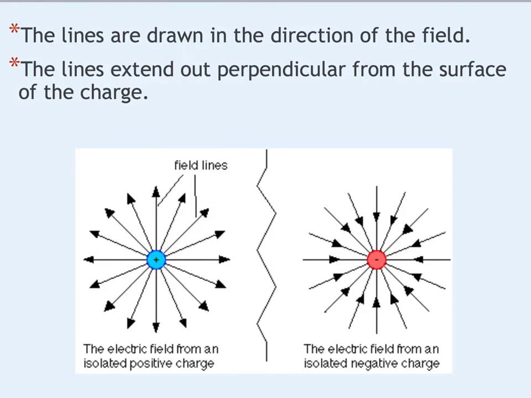If there's no other charge nearby, these lines theoretically just go on forever. They do not move or change until they interact with another charge. A positive test charge is also attracted to a negative charge, so you can see these arrows are directed towards the negative charge. So these are our two most basic kinds of electric field lines.